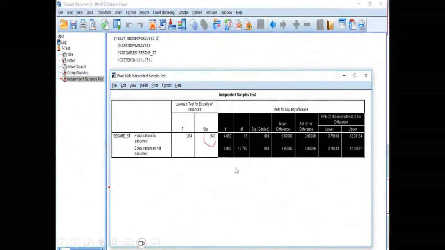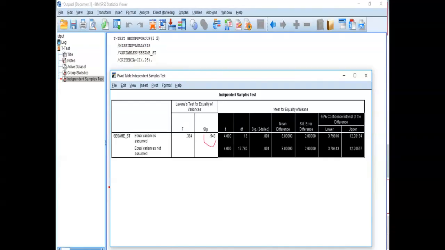How do we know whether we reject the null or not? You can see this output is two colors, black and white. The white part is something called Levene's test of equality.